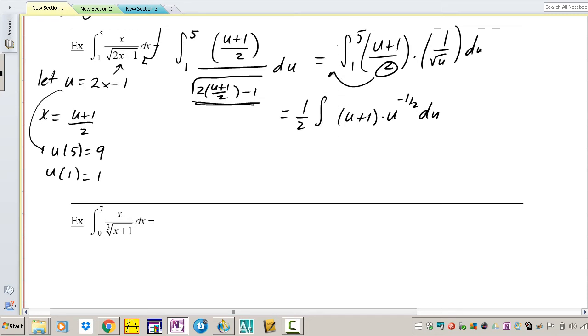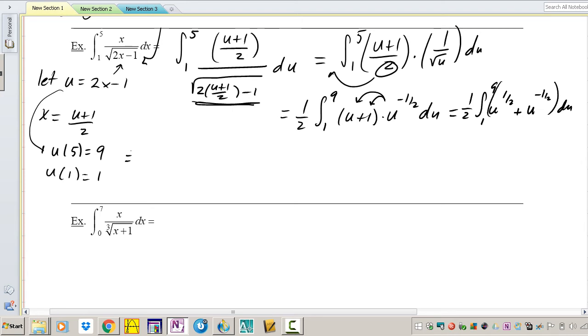Since we're doing everything in terms of u, it's going to be 9 and 1. Let's continue. Distribute the u to the half. A u times a u to the negative half is a u to the half, plus u to the negative half, du.